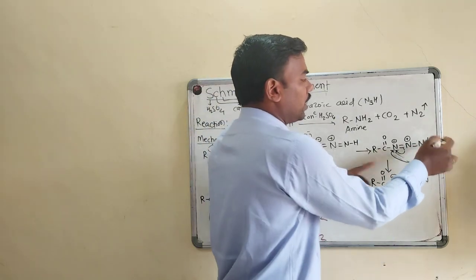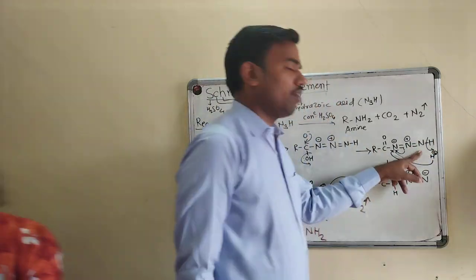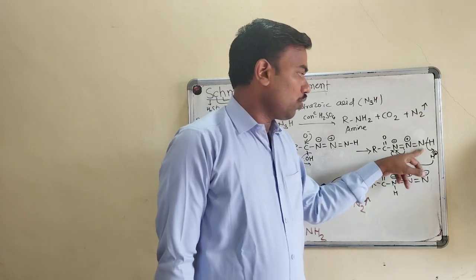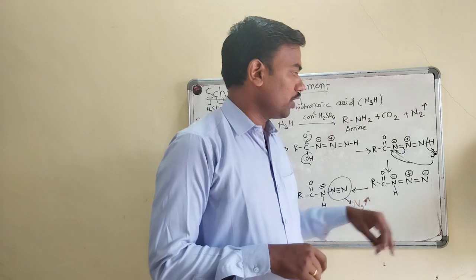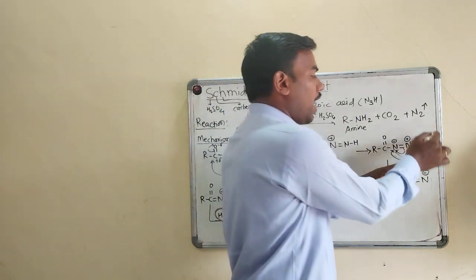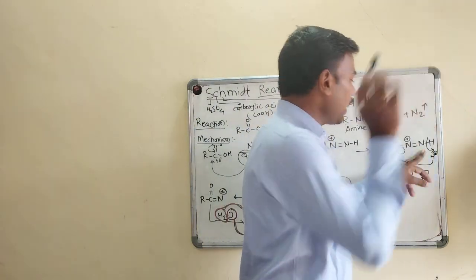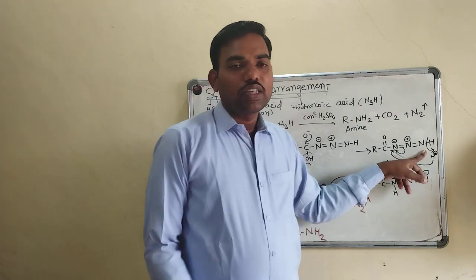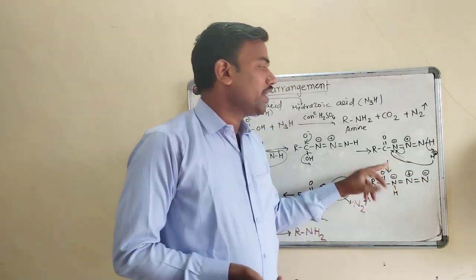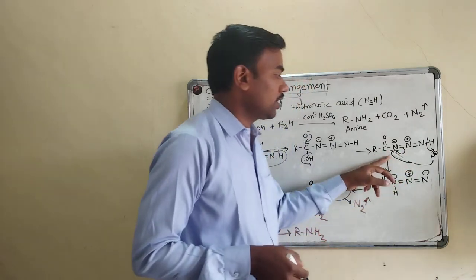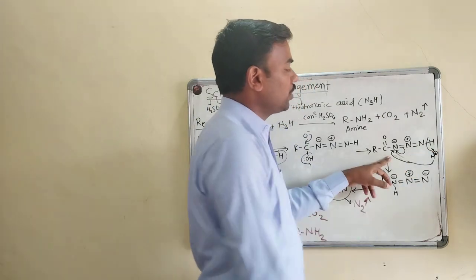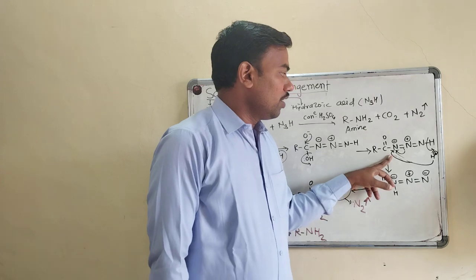So in the next step, what will be happening? This hydrogen is getting eliminated from the nitrogen. So what will be next? Nitrogen wants to leave the hydrogen in the reaction. So the hydrogen is removed, and the hydrogen is searching for a negatively charged ion, where I can get a negatively charged ion. So this nitrogen contains a negative charge.